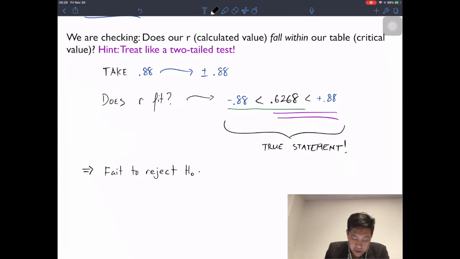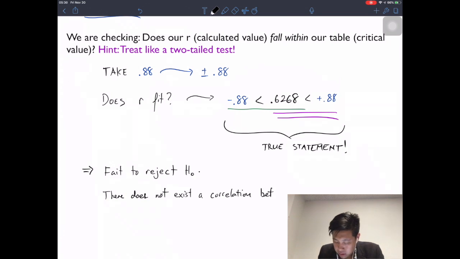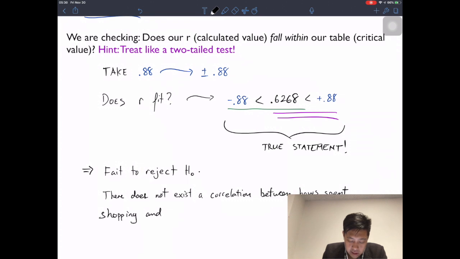You have to go further, by saying fail to reject H naught, that we can say there does not exist a correlation between hours spent shopping and USD spent.